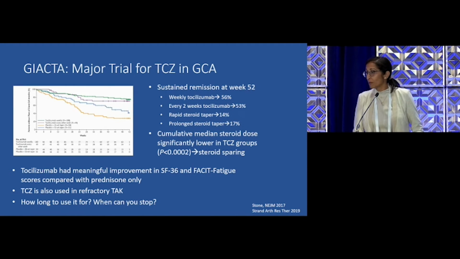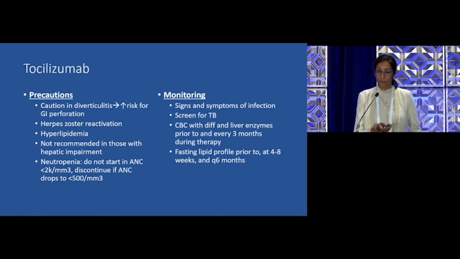Again, all physicians will do it a little bit differently, but I try to space it a little bit at a time and keep weaning it till I have them on an injection every few months, and then I feel like I'm treating myself more than the patient, and then I'll stop the drug. So that's my approach, but this was a huge win for management in GCA.